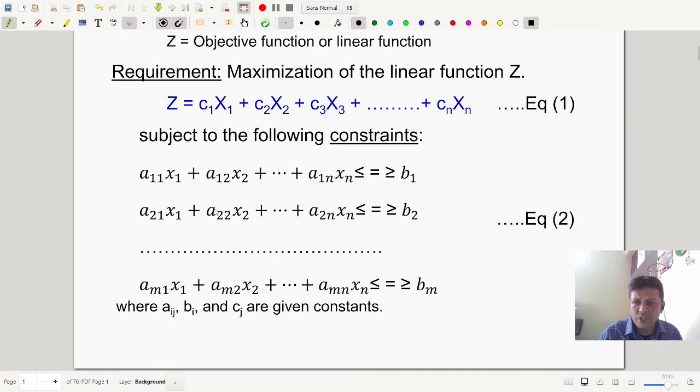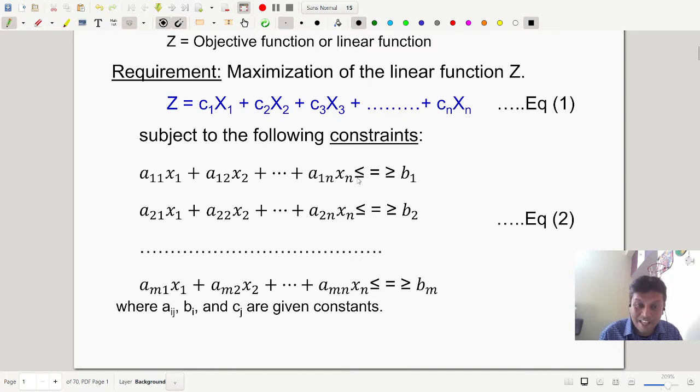So the constraints may be of this type: a11 x1 plus a12 x2 plus etc. a1n xn less than or equal to, or greater than or equal to b1. This is the first constraint. Second constraint, a21 x1 plus a22 x2, etc. a2n xn less than or equal to, or greater than or equal to b2.